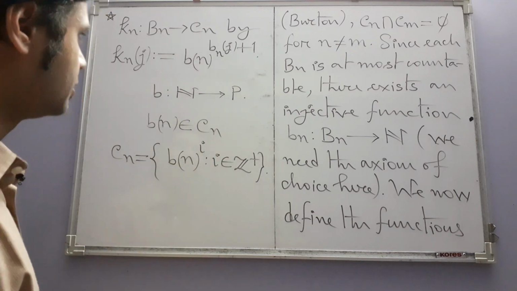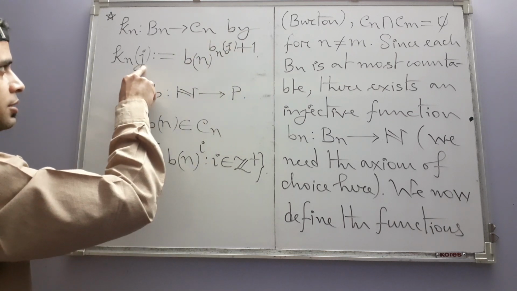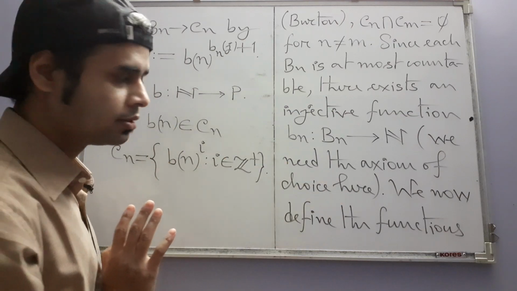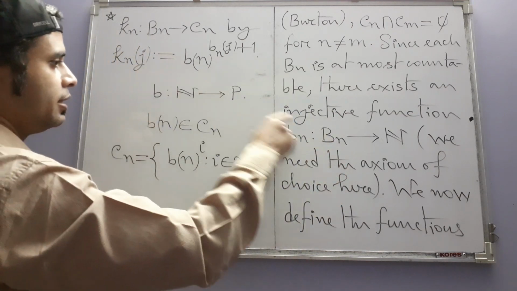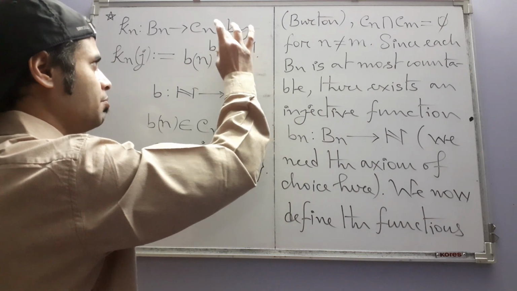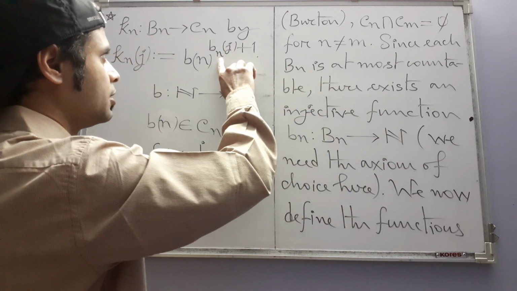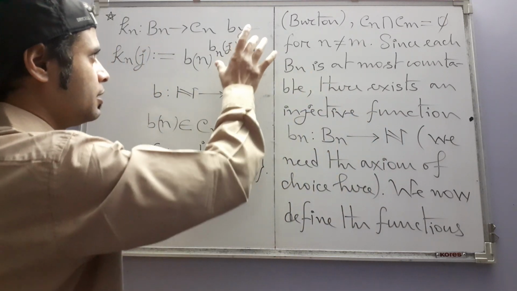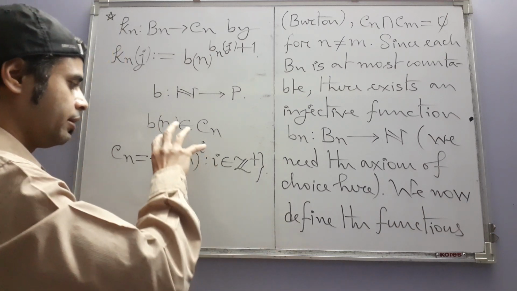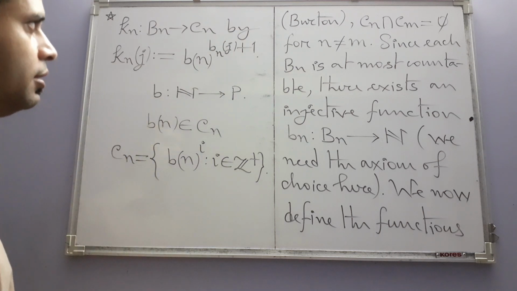Now again there is another question: is this unique for a given j? The functions bn themselves are well defined. So for a given j in Bn, this bn of j is a unique natural number. So if you add 1 to it, that exponent is going to be a unique positive integer, and as such this power is a unique element in Cn.